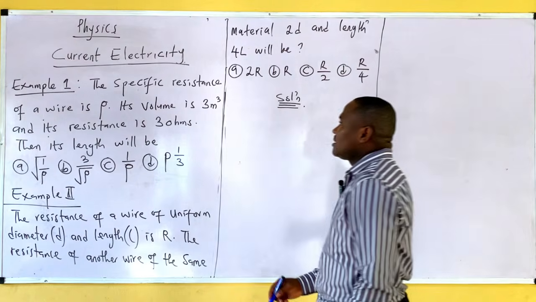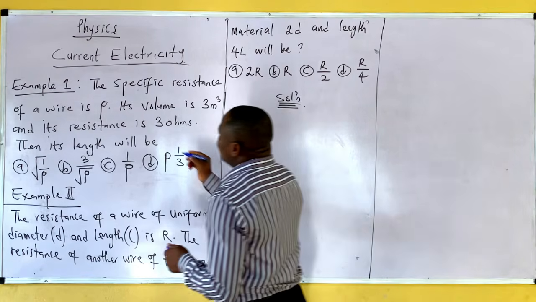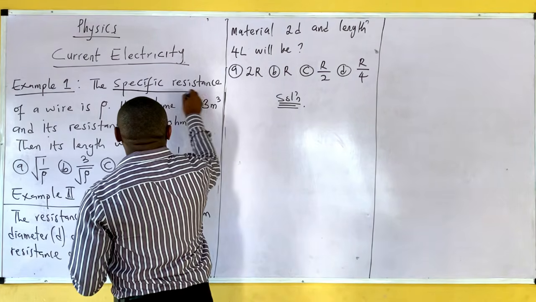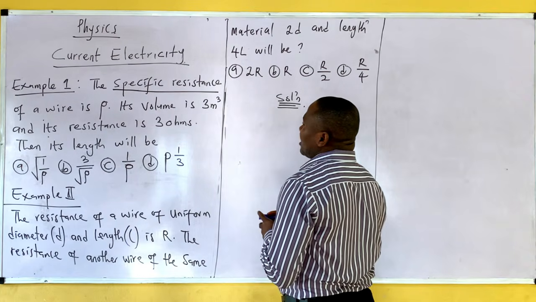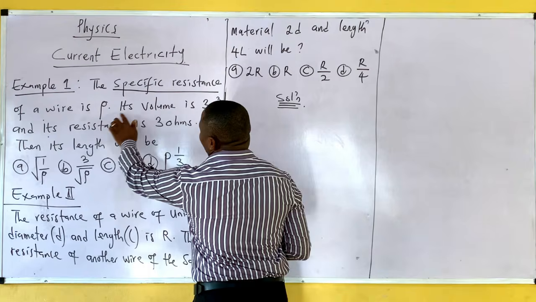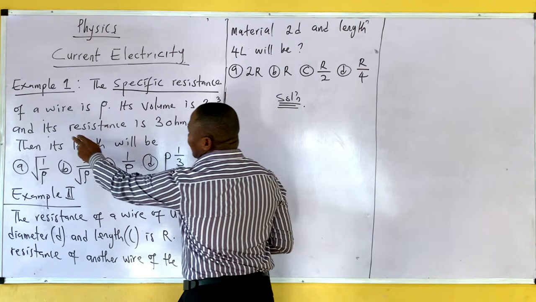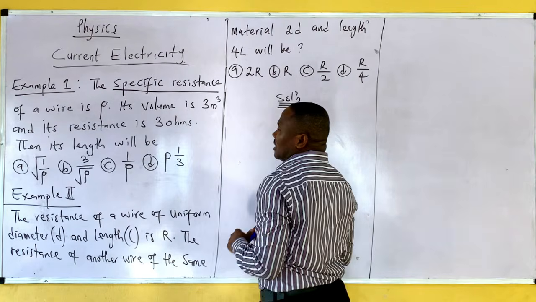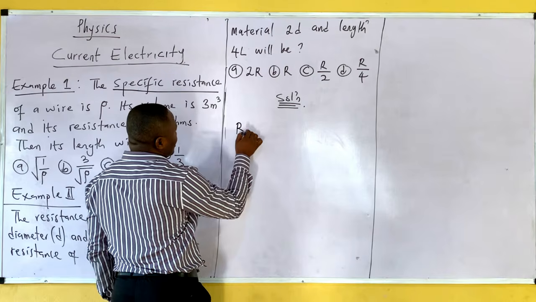Okay, now let's see example 1. It says the specific resistance. Now take note, specific resistance is also called resistivity. The specific resistance of a wire is this. Its volume is 3 meters cube and its resistance is 3 ohms. Then its length will be dashed. Now, what's our formula for solving that?